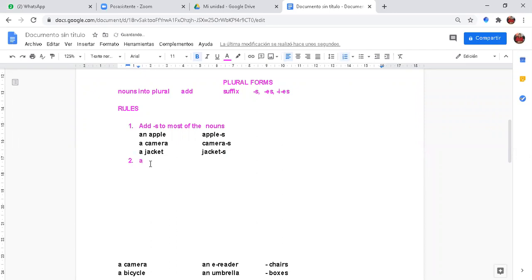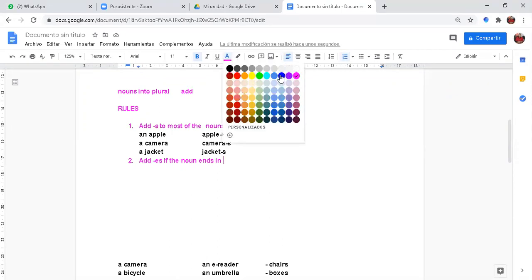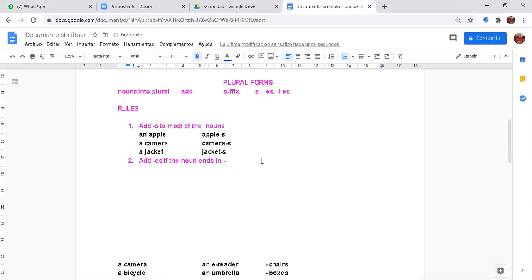Rule 2 says add es if the noun ends in x, s, z, o, sh, ch.